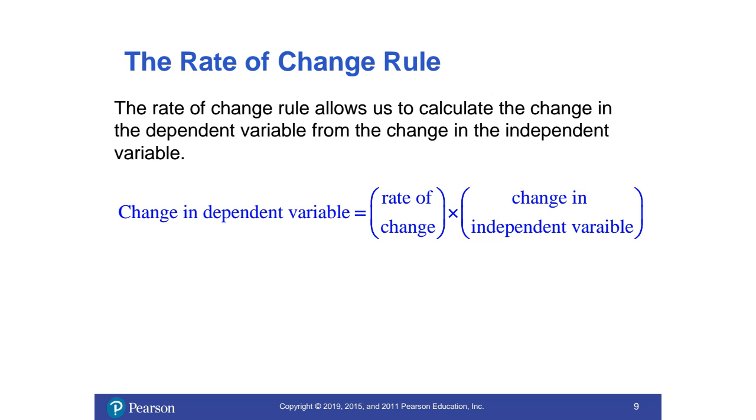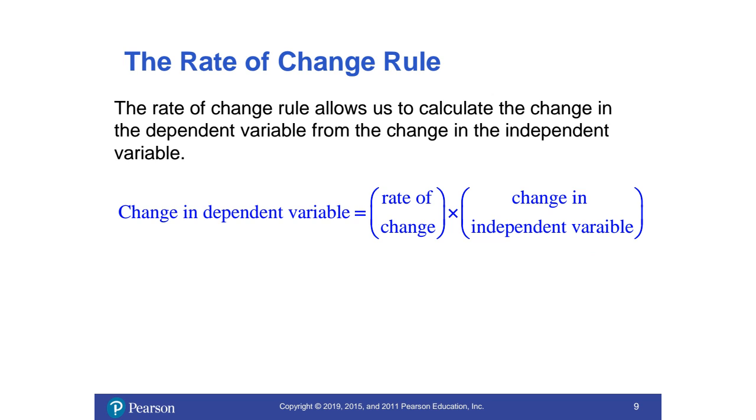And here we have something called the rate of change rule, which in a minute I'm going to write in terms of x's and y's, and this will be something a little bit more familiar. The rate of change rule lets us calculate the change in the dependent variable from the change in the independent variable. So if I want to know how the dependent variable changes, it's just the rate of change multiplied by the change in the independent variable.